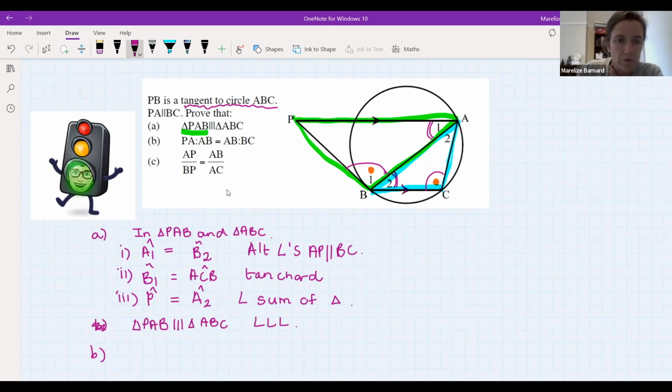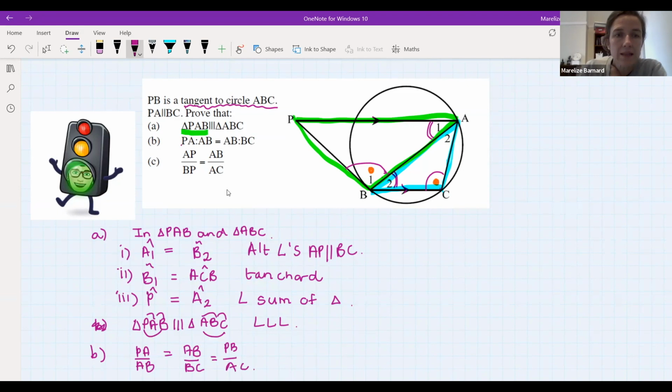And then if you make a frog face, PA over AB is equal to AB over BC, is equal to PB over AC.